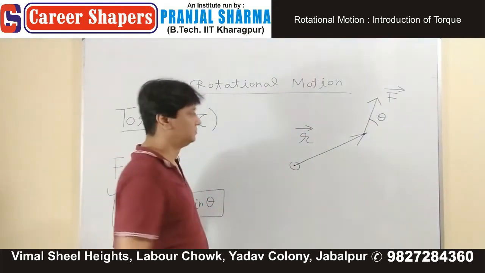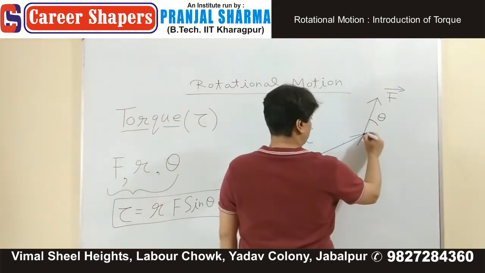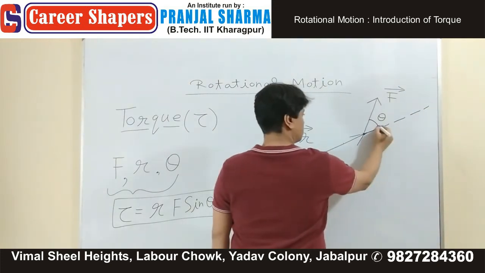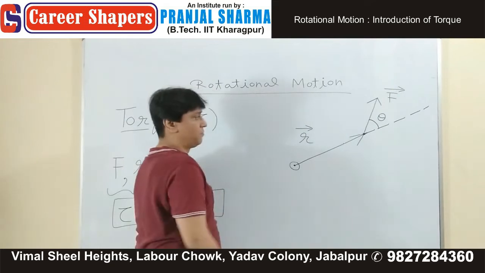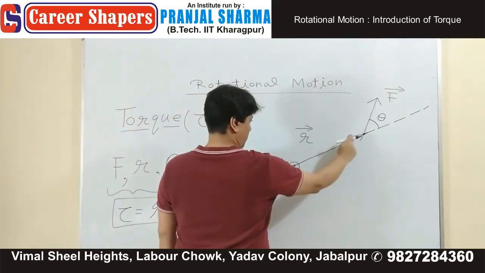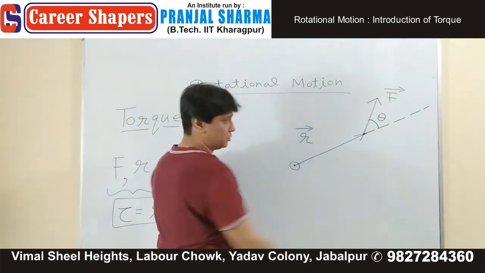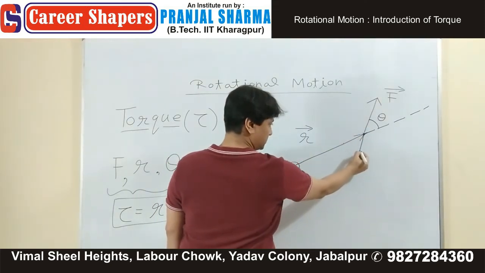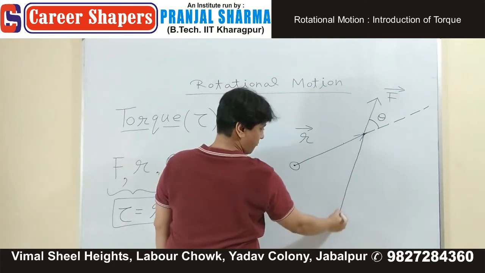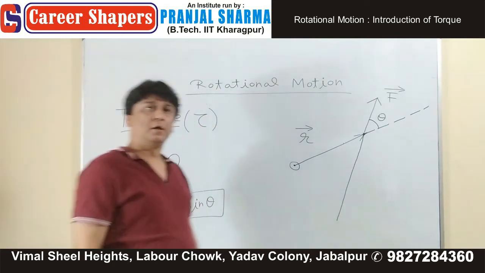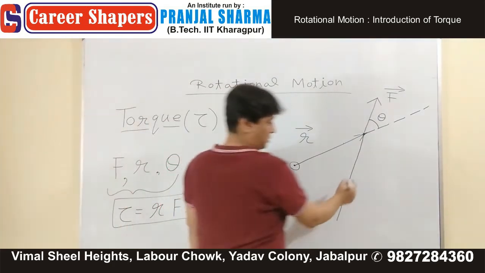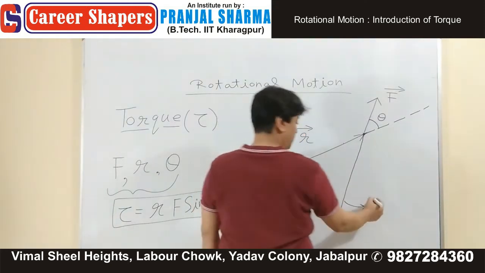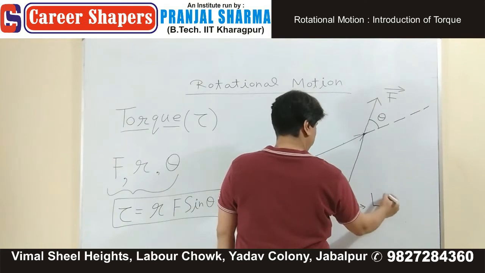Look at this. This angle is theta. If you produce this line of force backwards like this, what is this? This is called line of force.